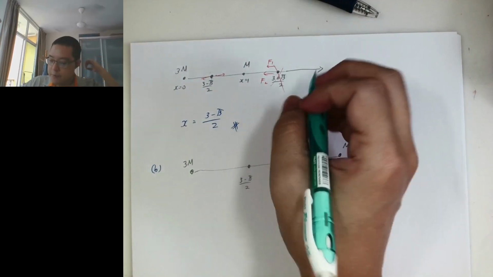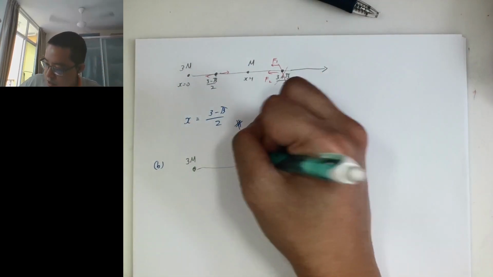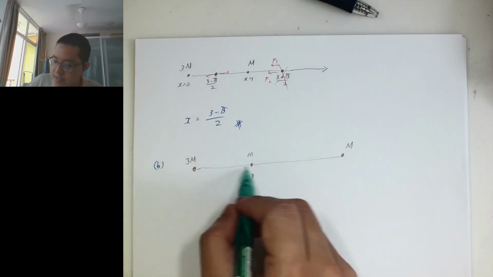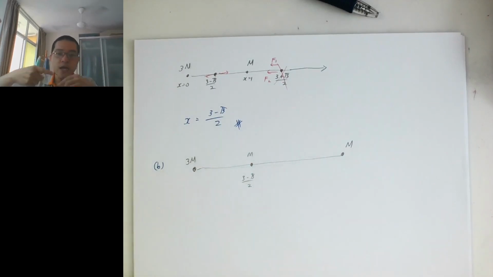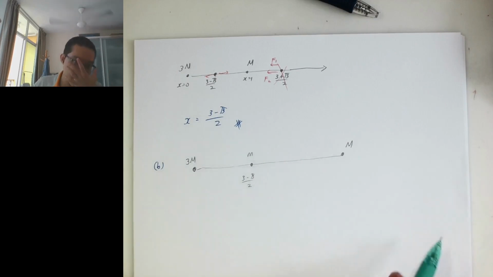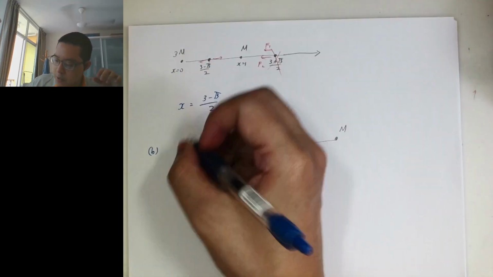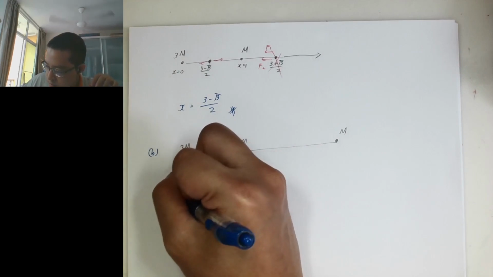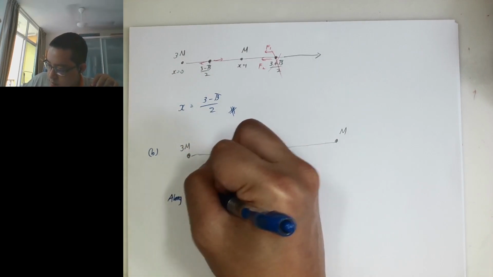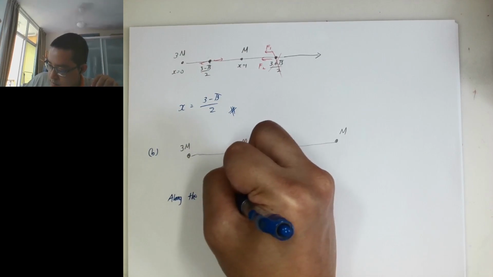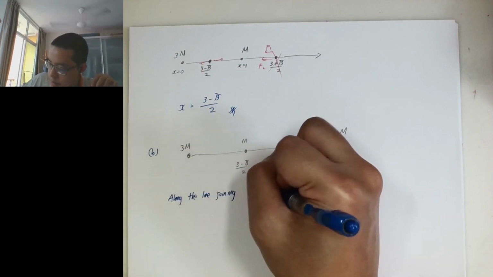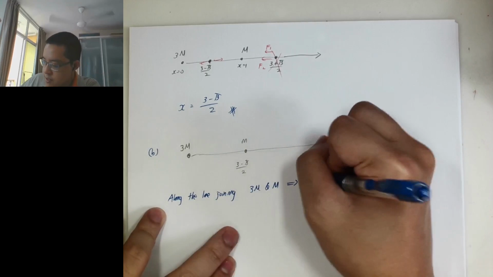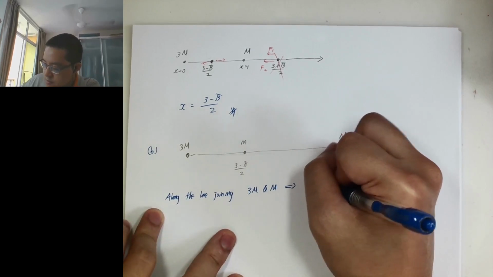If I move this along the line, is this stable in this direction or not? So for part B, we are talking about the horizontal components of the forces. So 3M and M.